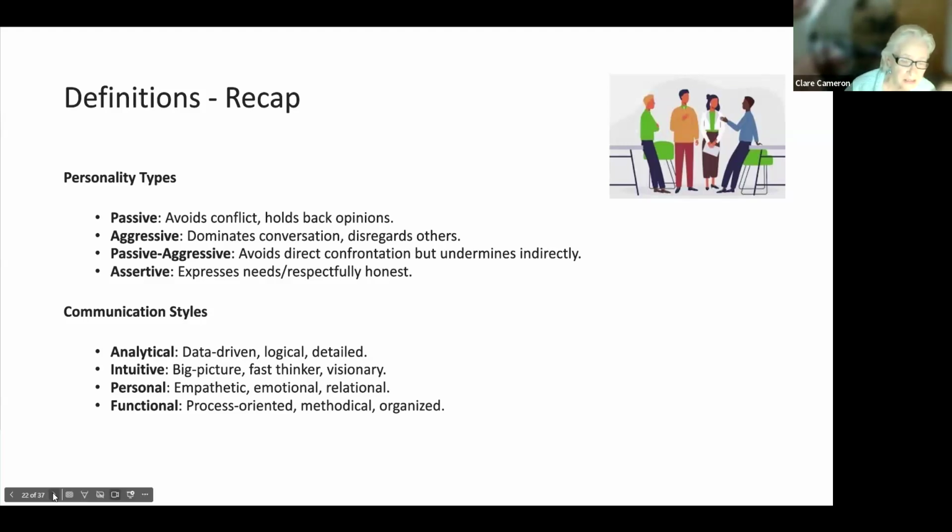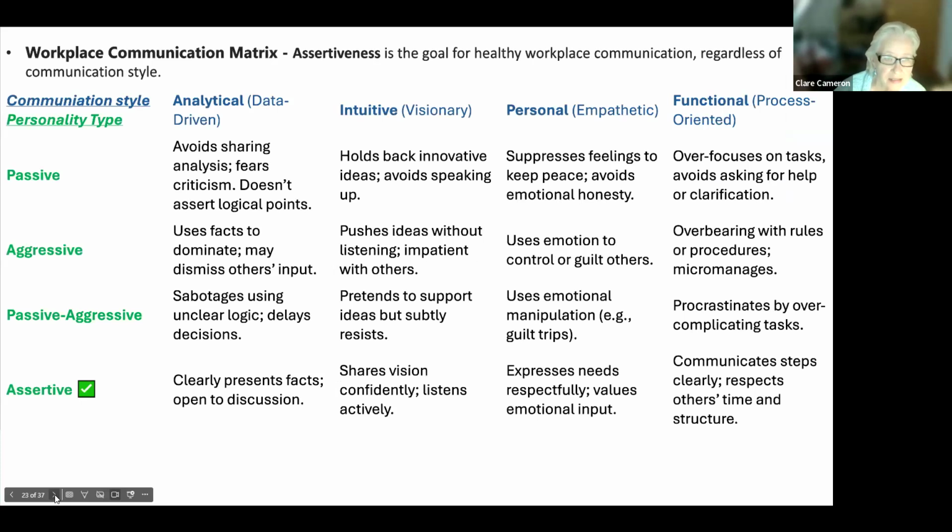So I made a little matrix here so you can see. Assertiveness is the goal for healthy workplace communication, regardless of communication style. So any type of communication, not necessarily workplace, we would say, or teaching. So we want assertiveness, but you can have these different communication styles.